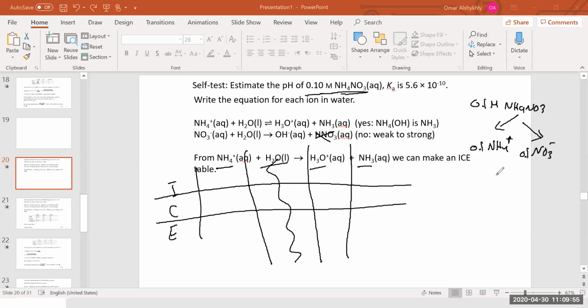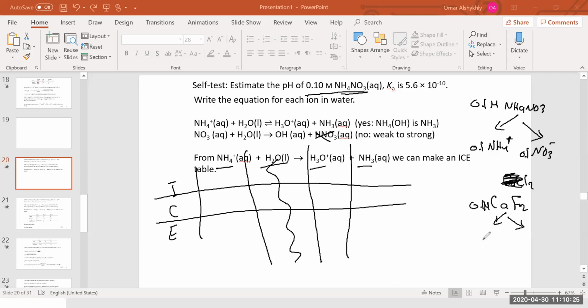Be careful. If I have, for example, CaCl2, or Ca(NO3)2, or let me do CaF2, and we have 0.1 molar also.